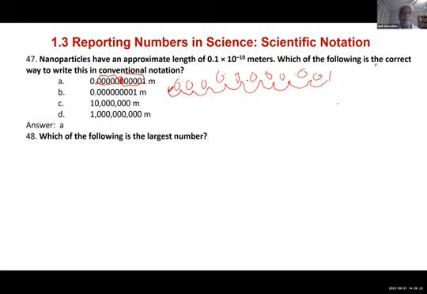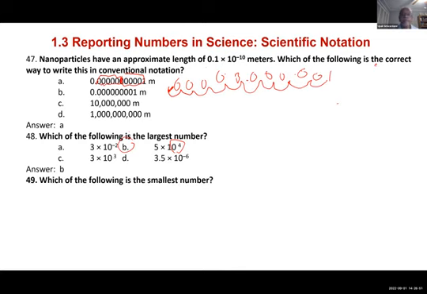Which is the largest number among the following? When you have scientific notation, you look at the exponent first. The highest exponent is the largest number. In this case, the highest exponent is 10 to the 4. So therefore, the answer is B. Now we choose the smallest number.